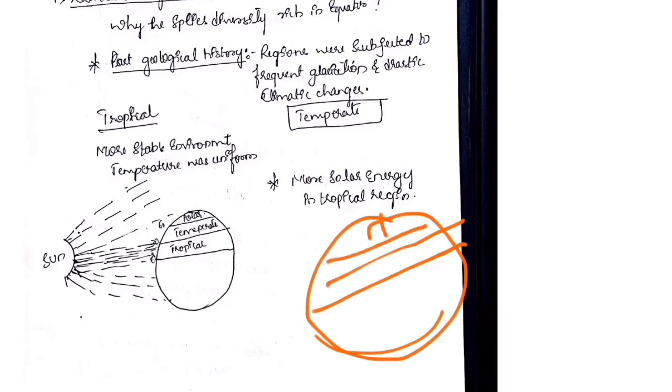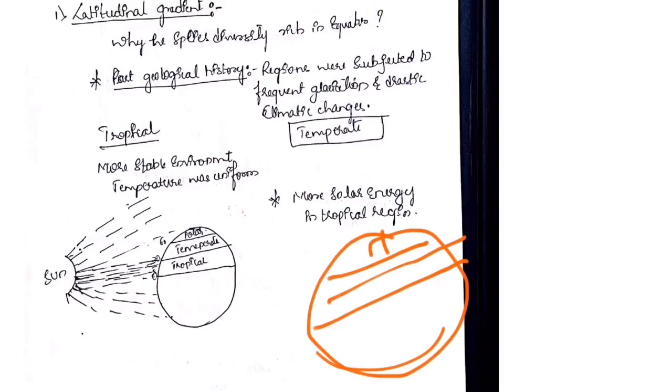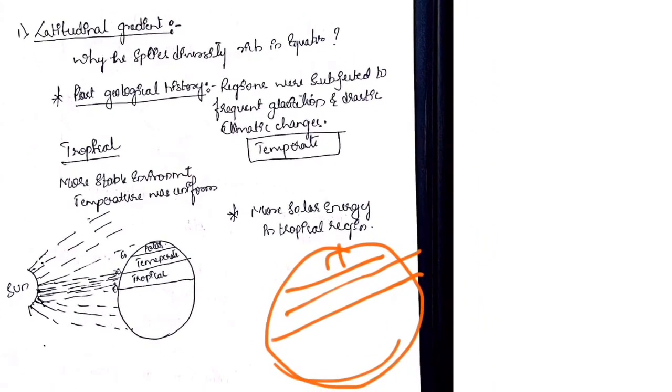According to this latitudinal gradient, in prehistoric time, the earth, which originated nearly 4.2 billion years ago, had this temperate region, the blue color which I'm marking, and this polar region. These two regions have undergone frequent glaciation and drastic climatic changes.